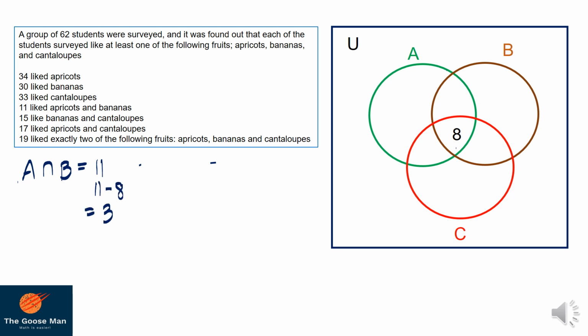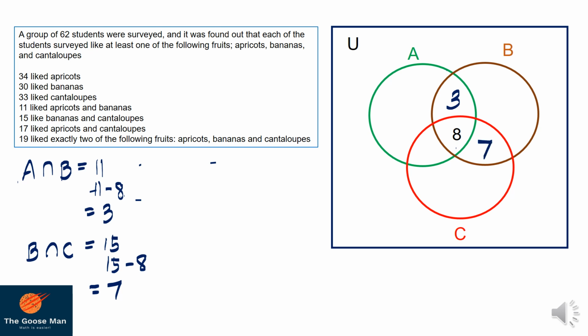So this area is equal to 3. Next is B intersection C, meaning the intersection of bananas and cantaloupes, is equal to 15. But I have already 8 here. So 15 minus 8 gives us 7. So I'll write here 7.